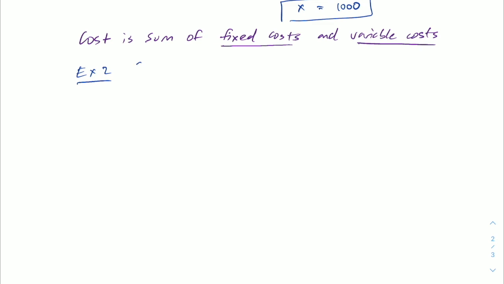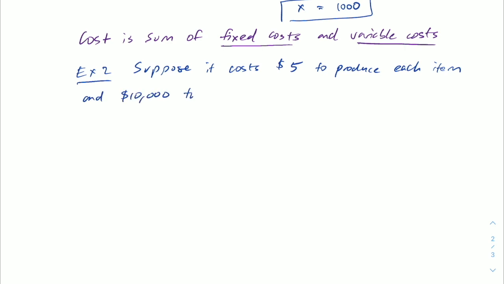So suppose it costs $5 to produce each item and $10,000 to set up production.